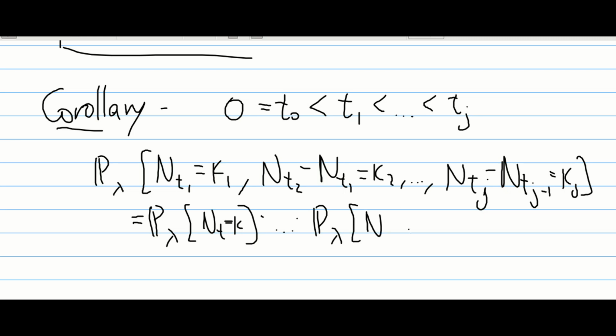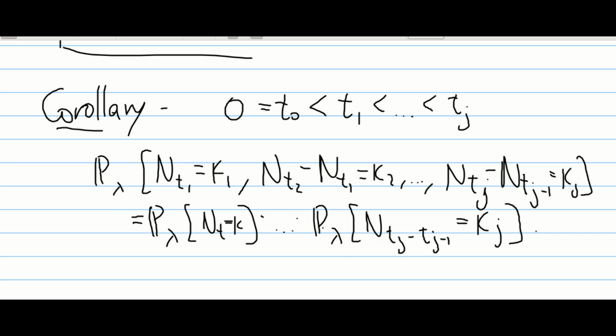And not only is it a product, but here we get to just subtract time, tj minus t_{j-1}, not N_{tj} minus N_{t_{j-1}}, but N_{tj - t_{j-1}}.